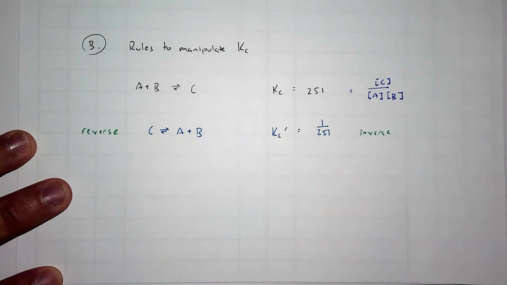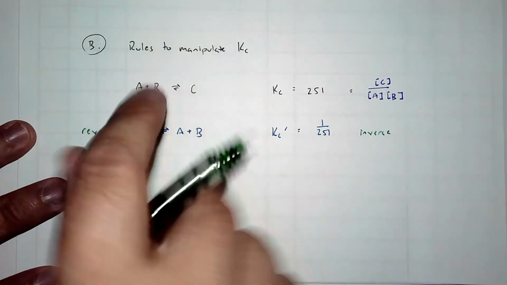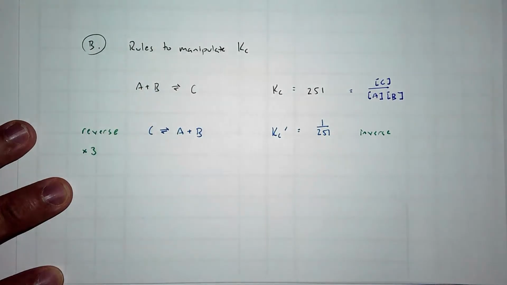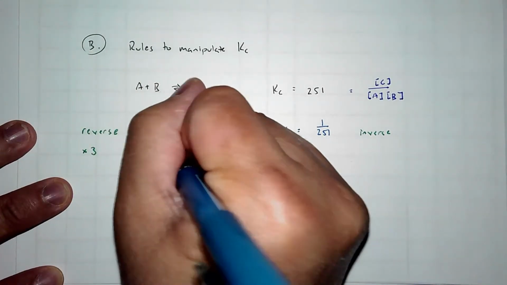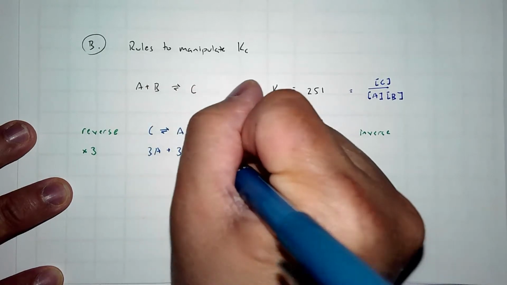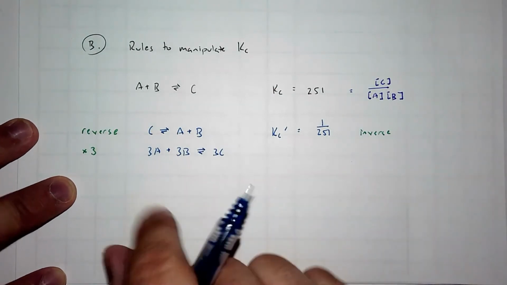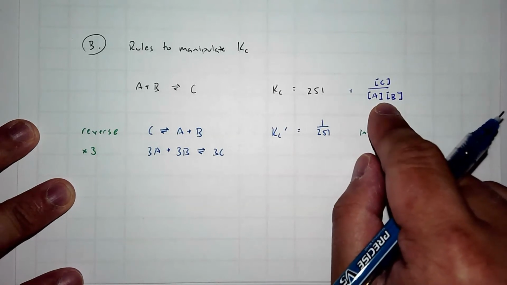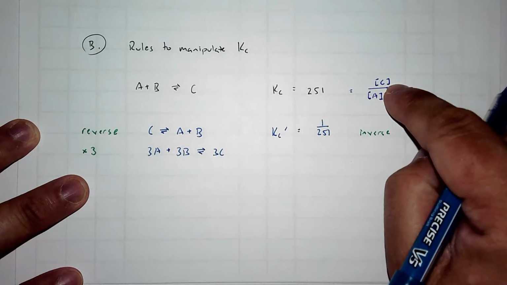Next, let's say we have to multiply this original reaction by 3. So we multiply by 3. That gives us 3A plus 3B goes to 3C. When you change the coefficient for an equilibrium expression, you know that the coefficient actually becomes an exponent.